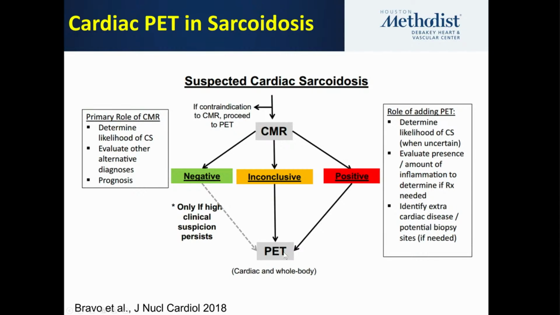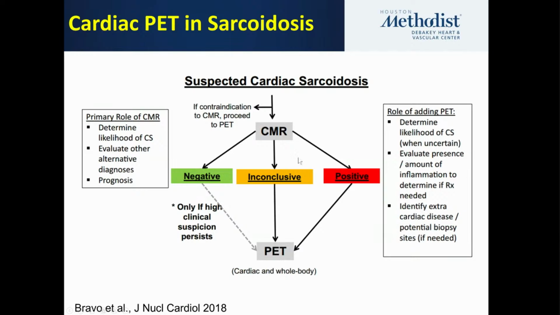However, if the MRI is abnormal, then you can go to PET to look for active inflammation. However, if your suspicion is pretty high from a clinical standpoint, then you should proceed to PET. For examples, I'll show you later.